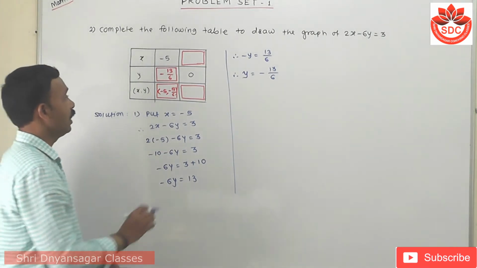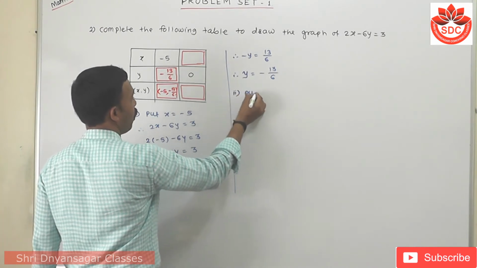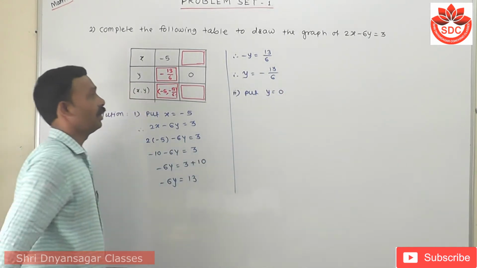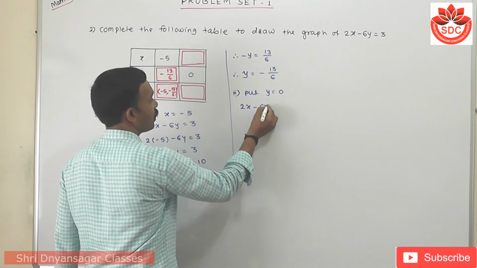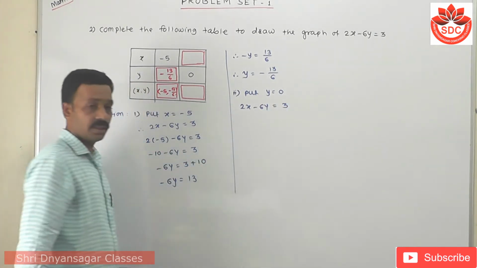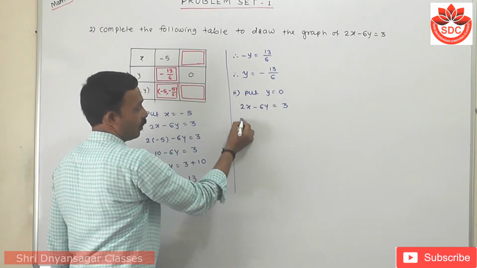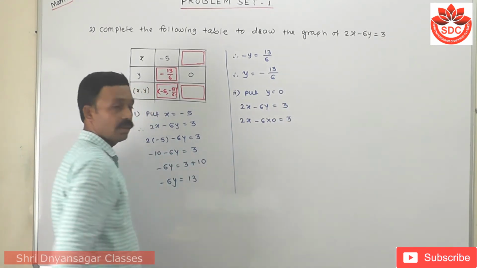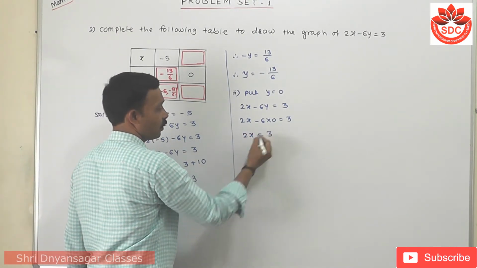Then the next one, the second. Here the value of y is given. Put y is equal to 0 into the given equation: 2x minus 6y is equal to 3. Substitute y is 0: 2x minus 6 into 0 is equal to 3. 6 into 0 is 0, so 2x is equal to 3.